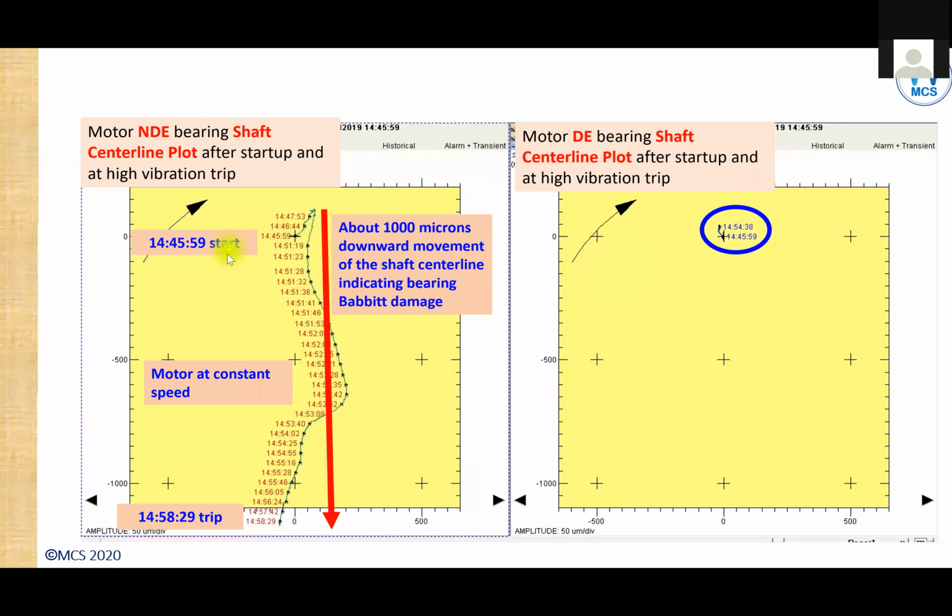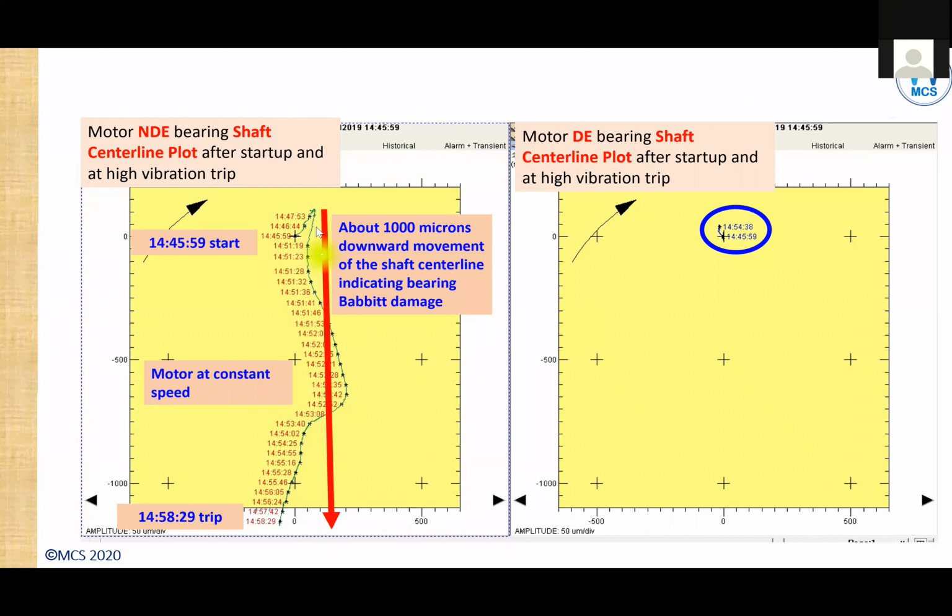From this time it started, and as the vibration was increasing, the gap voltage was becoming more negative. The shaft is moving away from the probe there. And by the time the machine tripped at this instant, the shaft had traveled about 1000 microns downwards. It means it has basically wiped away the entire bearing. So this is how the shaft was moving, and at this point of time, the trip took place.